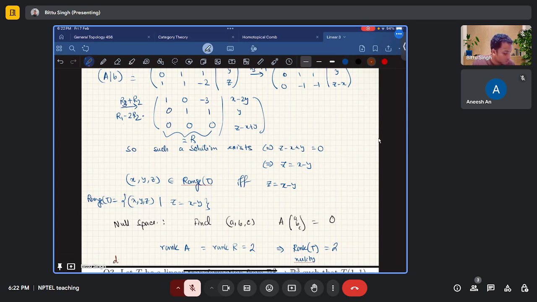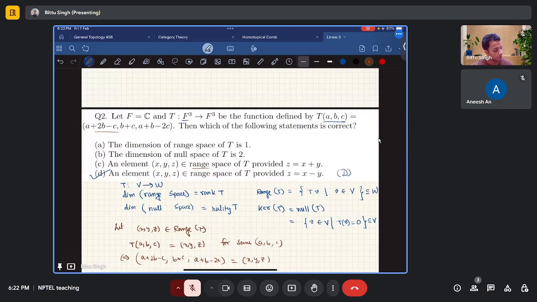That is, dimension of V is the same as the rank of the transformation plus the nullity of the transformation. So nullity of T: the dimension of the domain is 3, and rank is 2. So 3 minus 2, which is 1. That is, nullity can be obtained by subtracting rank T from dimension V. So nullity should be 1, rank is 2.